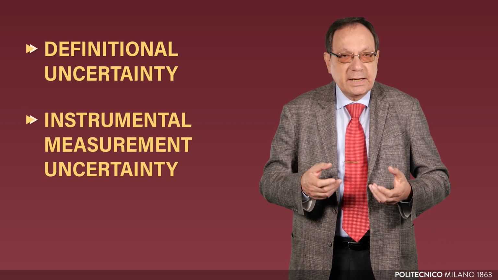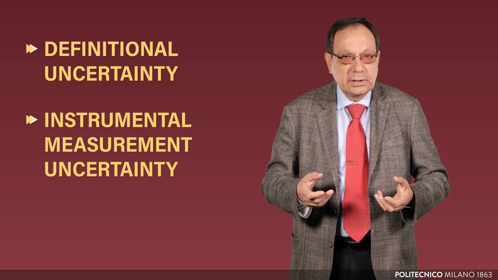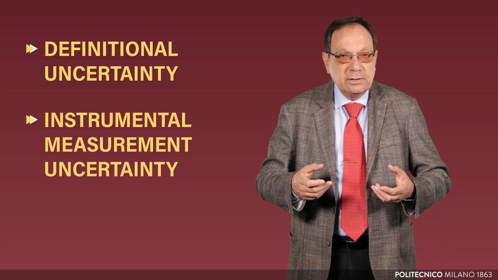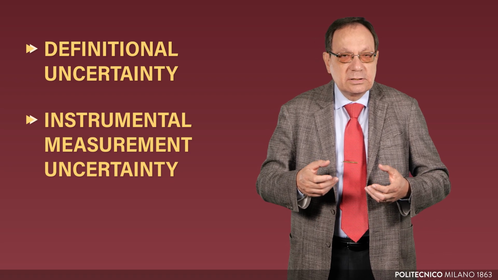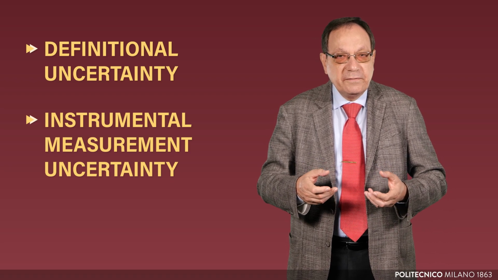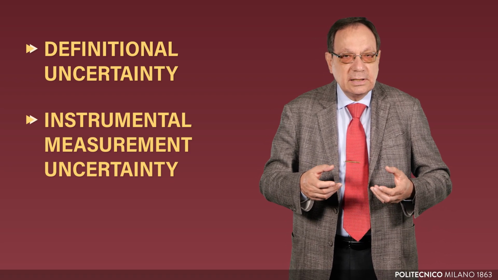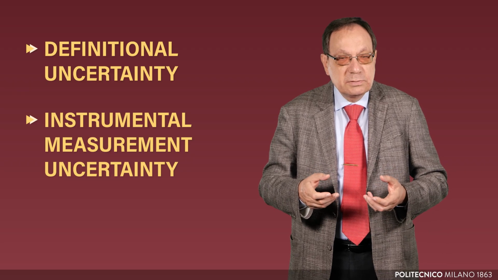Both are always present, and their relative importance varies depending on the type of measurement. In some cases, instrumental uncertainty prevails, while in others, definitional uncertainty is more significant. It is therefore essential to carefully assess both in order to ensure the reliability of the measurement result.